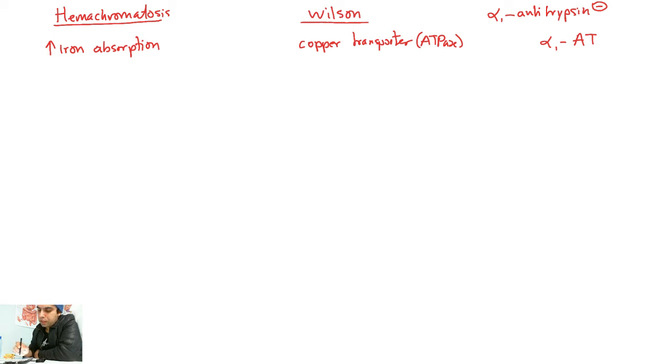If it is genetic, what chromosome is involved? Chromosome 6. Very good. How is it inherited? Autosomal recessive. Excellent. So chromosome 6, autosomal recessive.